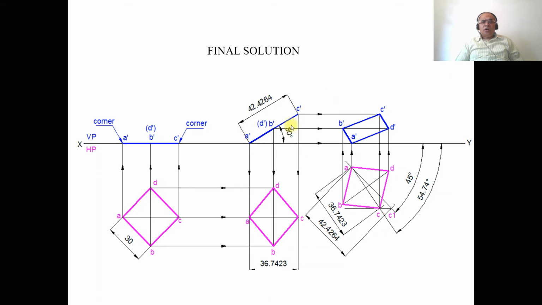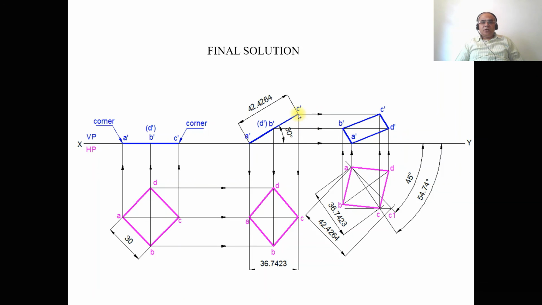Then draw a horizontal thin projector line from A dash, and draw a vertical thin projector line from A. Both these two lines will intersect at this point. You mark this point as A dash. Then draw a horizontal projector from B dash and D dash, and draw a vertical projector from B and also from D. Both these two lines will intersect at this point B dash and at this point D dash.